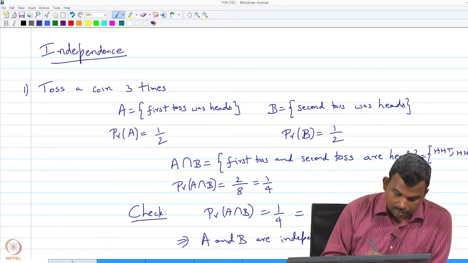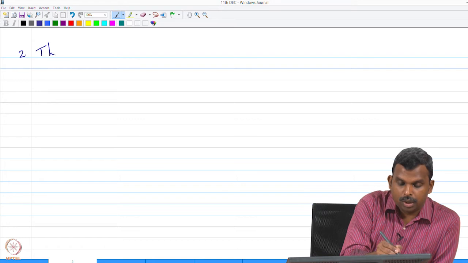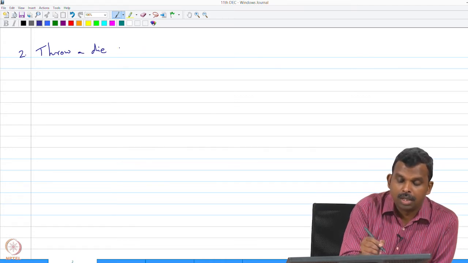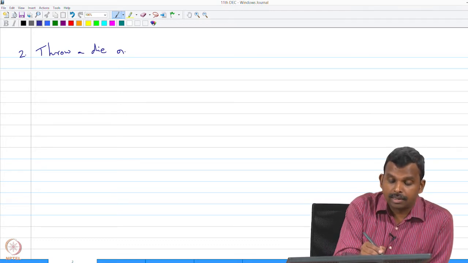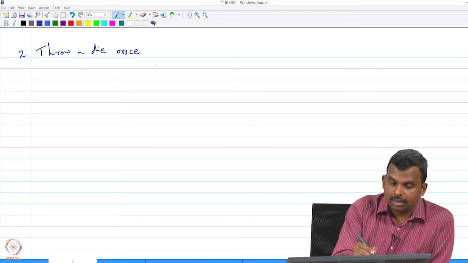Okay. So, let us look at another example with throw a die 2 times, or let us say throw a die once, I am sorry. So, let us look at another example where we throw a die once. Okay. So, we know what the sample space is.